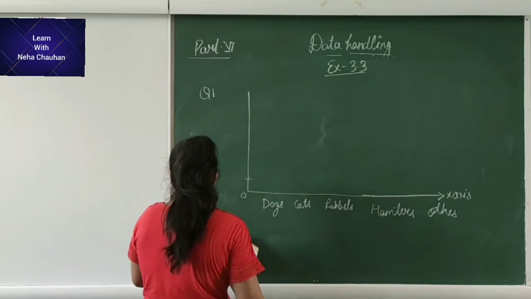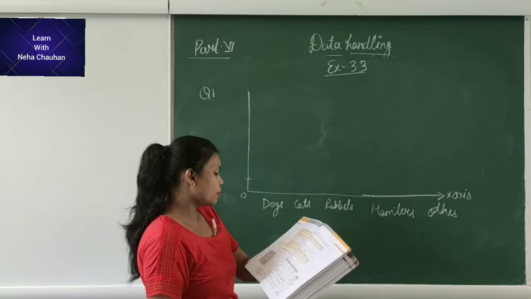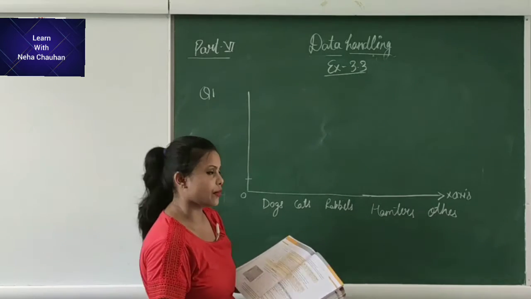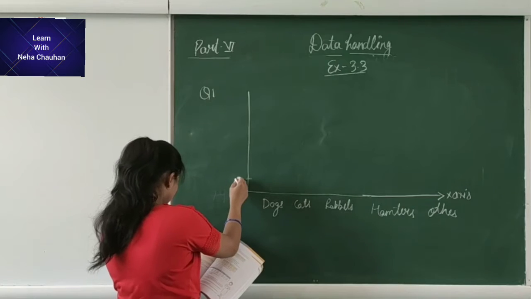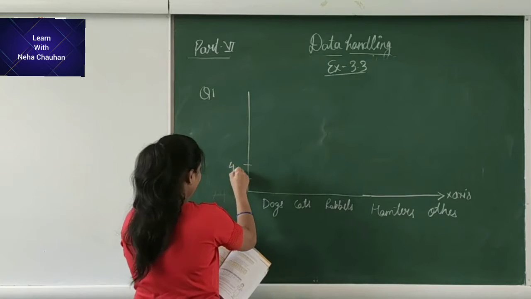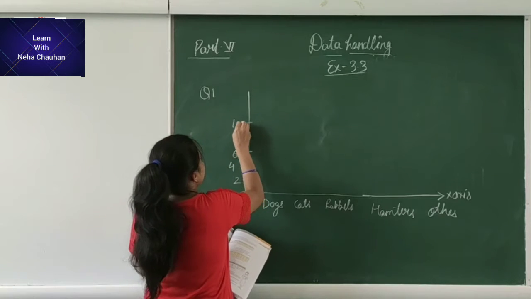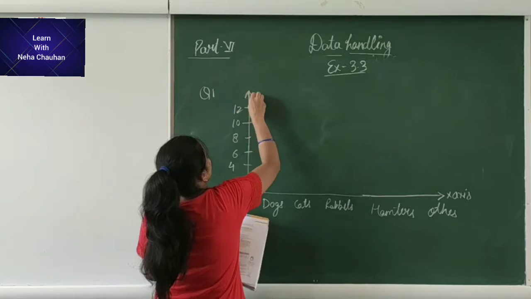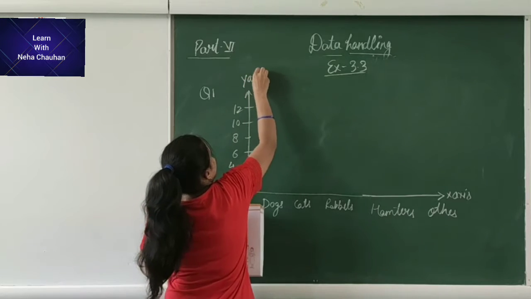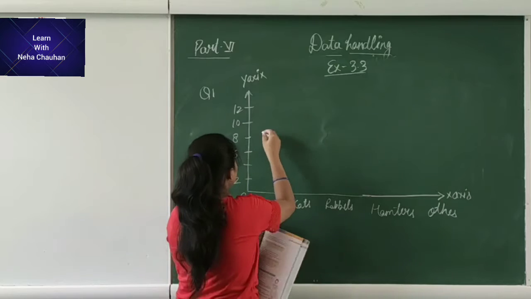On the y-axis we have given the pets owned by students of class 7. Alright, so we have 2, 4, 6, 8, 10 and 12. Dogs are owned by 8 students.